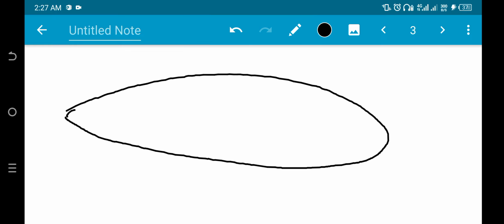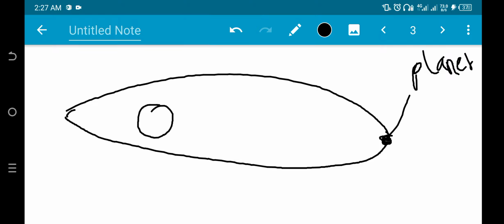Then there's a sun. This is a sun. We know the earth and all the planets follow not a circle, but an elliptical path. So this is just a random planet like earth, where we are, or Mars. So this is the sun.